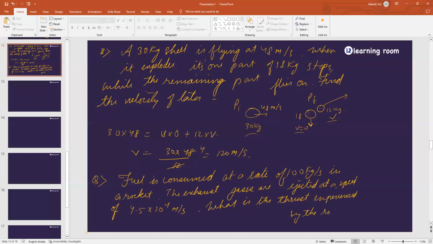Again, the same concept, that here the mass is changing with respect to time. It is the mass that is changing with respect to time. So 4.5 into 10 power 6 Newton.